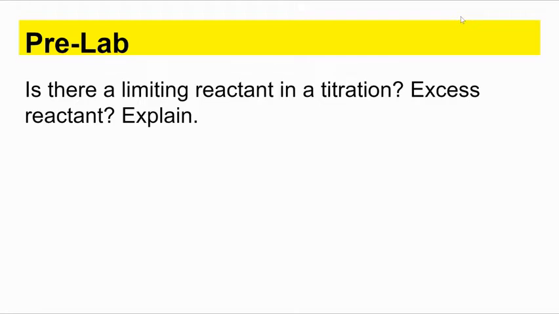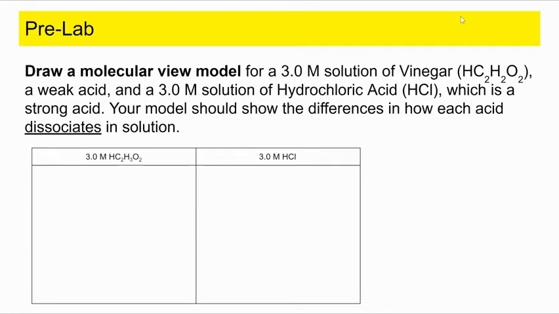Finally, is there a limiting reactant in a titration, an excess reactant? Explain, please. And then we'd like you to draw a molecular view model for a 3-molar solution of vinegar, a weak acid, and a 3-molar solution of hydrochloric acid, a strong acid. Your model should show the differences in how each acid dissociates in solution.